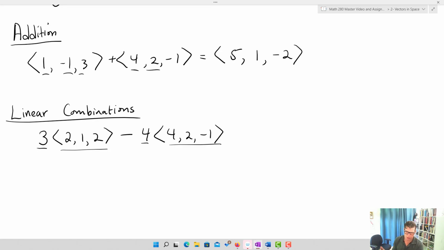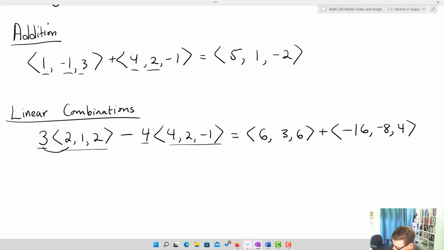So what we'll do here is combine these two. We're going to get 6, 3, 6. That's the first one. And then we'll subtract, or we can add negative 16, negative 8, and 4, just by multiplying by negative 4.